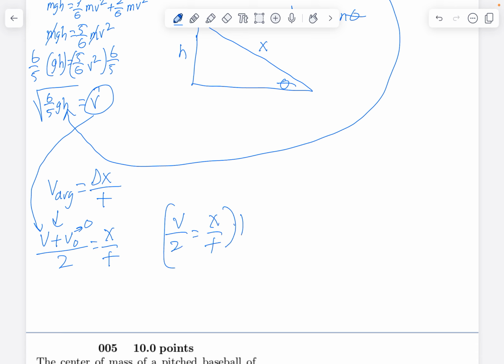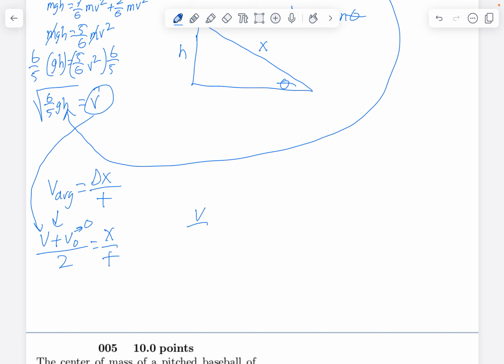So then you just multiply by t. So like your time times your velocity divided by 2 is equal to your distance, which is what we want. So you solve for v, your velocity, using your conservation of energy. All right, multiply that by your time, divide by 2, and then you get your distance. Or no, we're solving for time. So I guess I'm gonna do it a little differently.